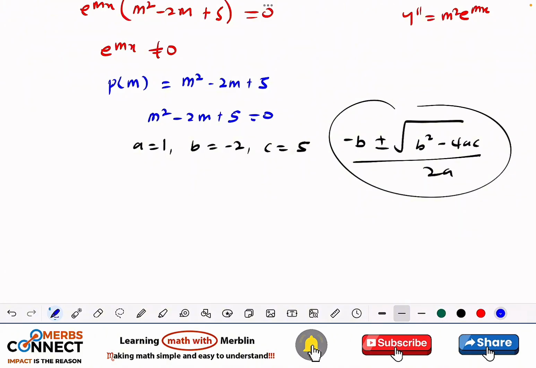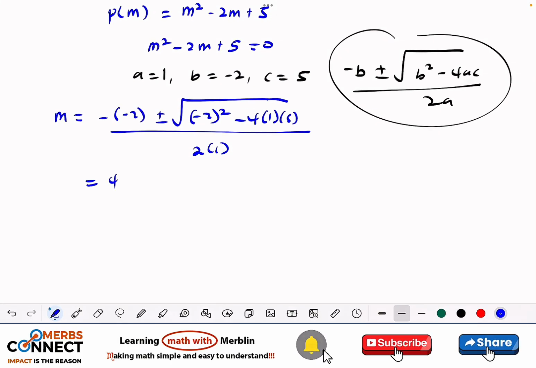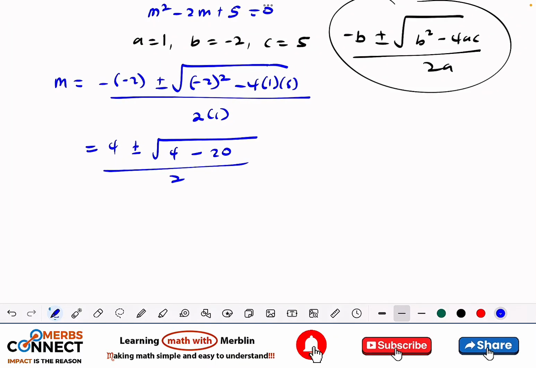So let's go. m will be equal to minus minus 2 plus or minus square root of minus 2 squared minus 4 times a times c, divided by 2 times a. So let's go: 2 plus or minus square root of 4 minus 20, over 2. So as I said, we can see that 4 minus 20 is going to give us something like square root of minus 16 divided by 2.